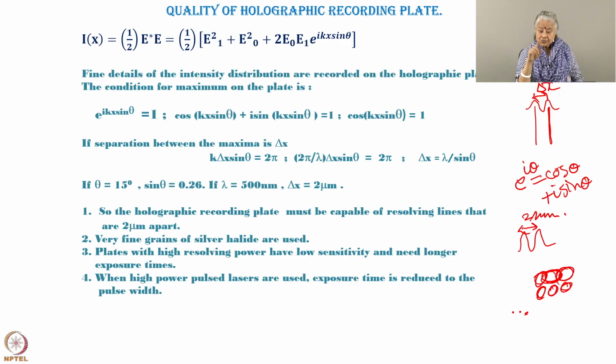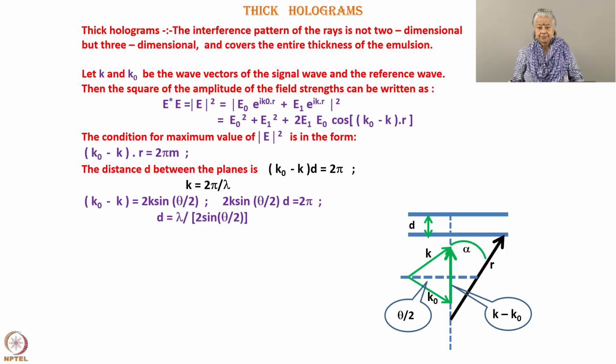Okay. So, there was one Russian scientist who thought of how to make this holographic plate recording more sensitive and record much more data, or have a better resolving power. Then he thought of making a 3-dimensional holographic plate. 3-dimensional means it's a thick hologram.